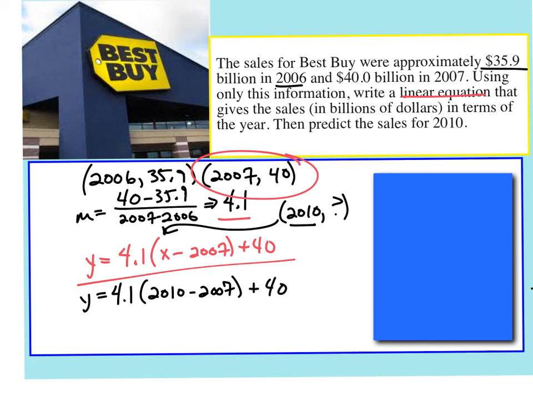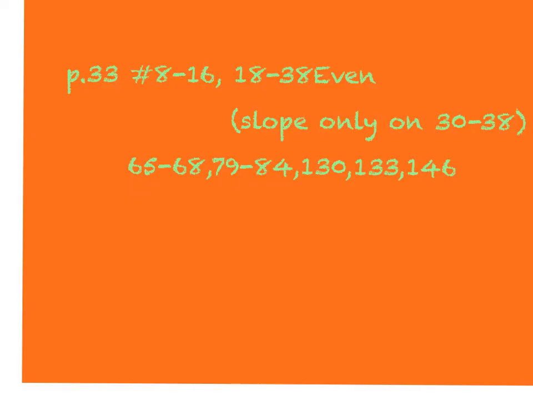All right? So 2010 minus 2007 is 3. 3 times 4.1 is 12.3. 12.3 plus 40 is 52.3. How much? $52.3 billion. All right. There you go. Enjoy. Have fun.